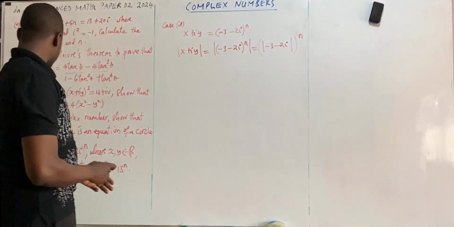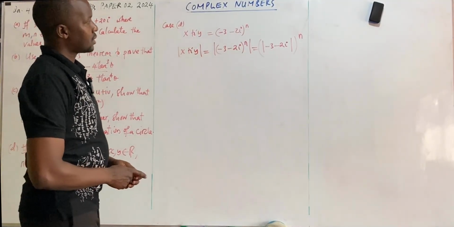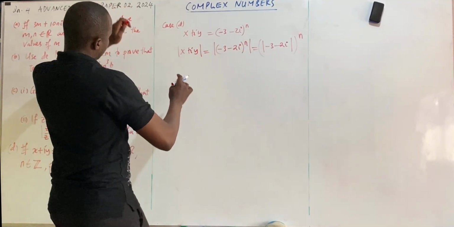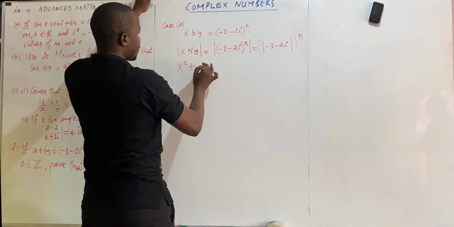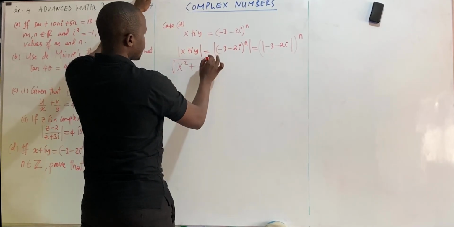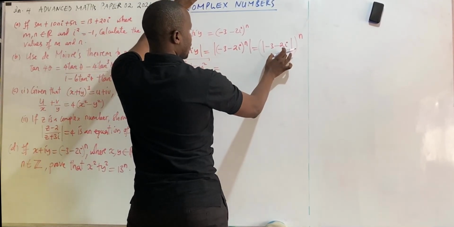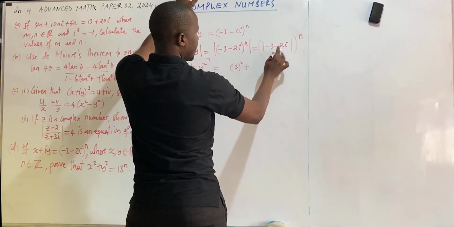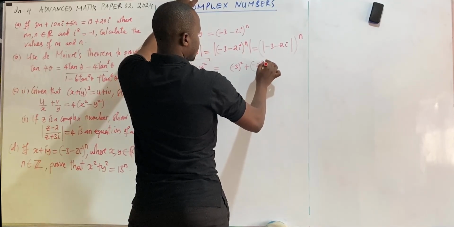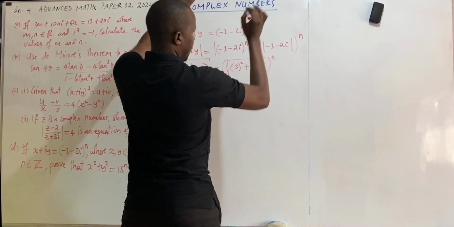And provided n is an integer, the modulus of this will be the square root of x² + y², which equals the modulus of this, which is the square root of (-3)² + (-2)², then raised to n.